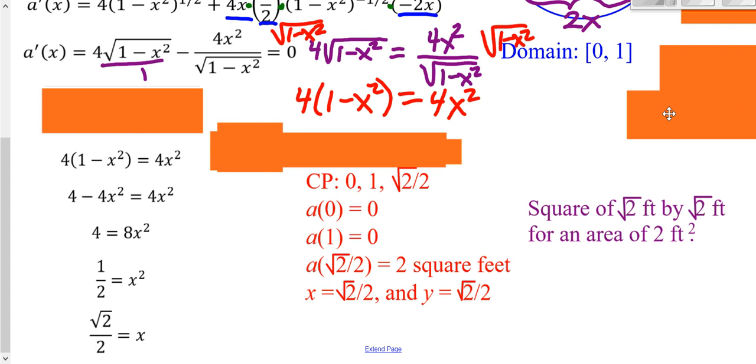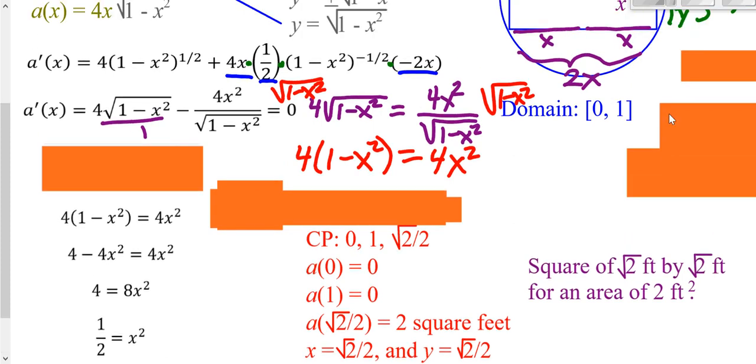Now, keep in mind, instead of doing the endpoints and your critical point, you could have done, once again, a numbered line segment. And we'd have to remember to label this A prime. Our one endpoint was 0, our other endpoint was 1 because that comes from our domain up here. Put our only critical point on here.